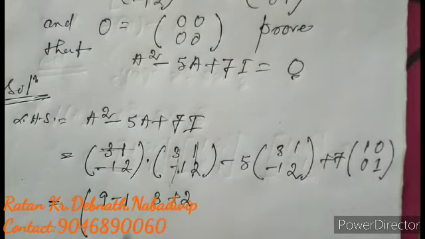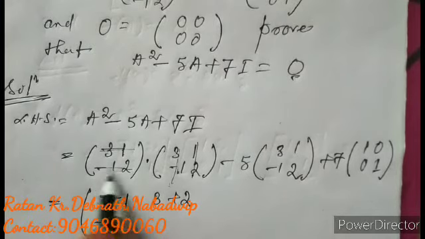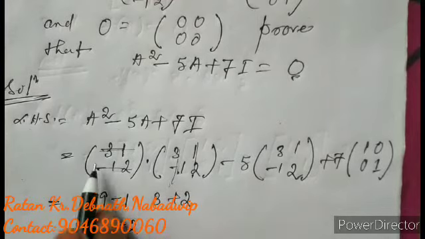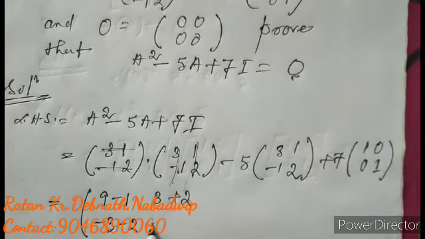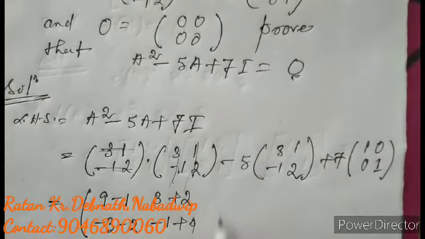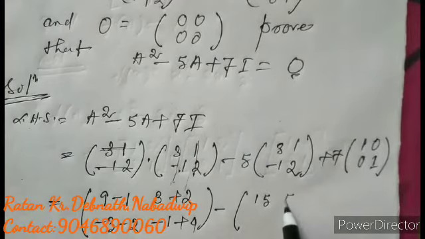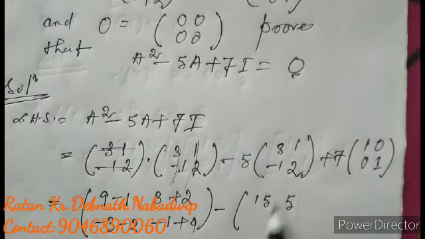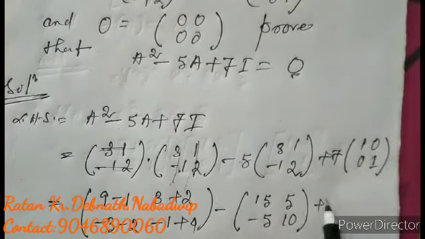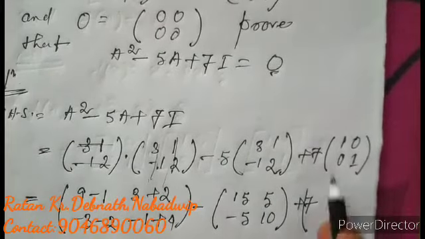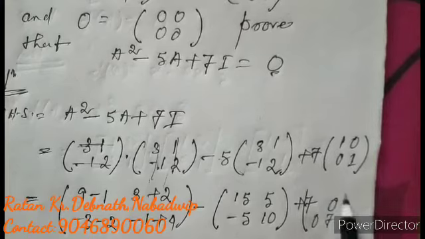This with this: minus 3 minus 2. This with this: minus 1 plus 4. Then minus 15, 5, minus 5, 10, plus 7, 0, 0, 7.